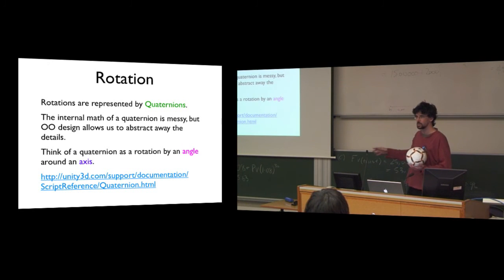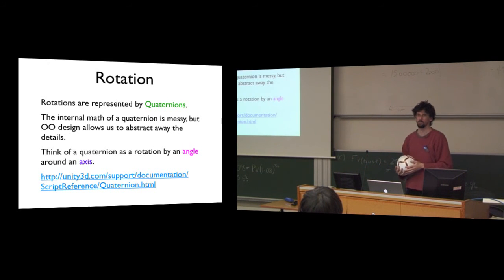The problem is in 3D, there are lots of ways of rotating something. If I had a ball like that, I could rotate it that way, or that way, or this way, or I could rotate it about any combination of axes that I want. There's a whole bunch of matrix math underlying quaternions that you don't want to know about.